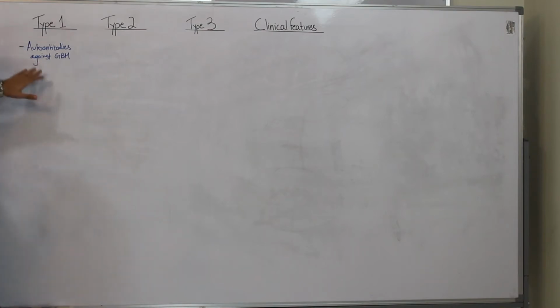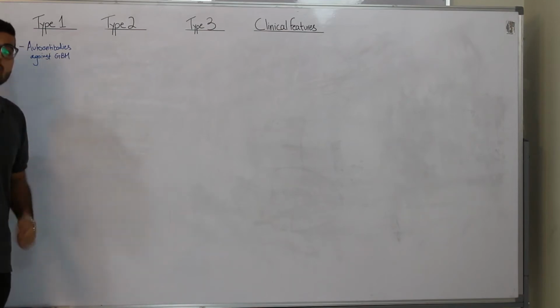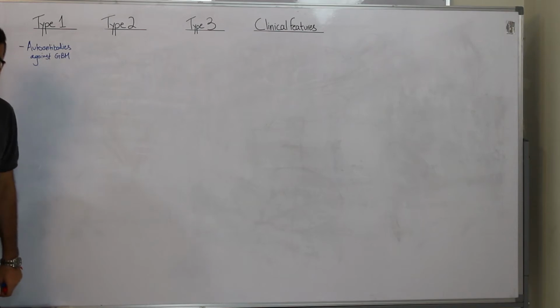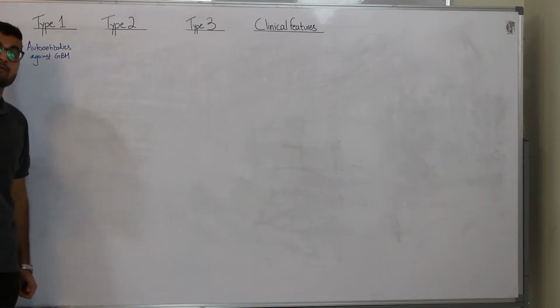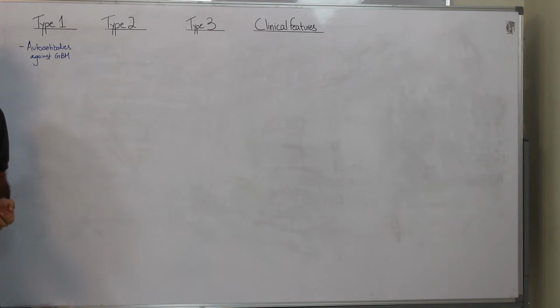So you have autoantibodies against your GBM, and that is type 1. But let's say along with autoantibodies against your GBM, you also have autoantibodies against your lung parenchyma. In that case, you call it Goodpasture syndrome.